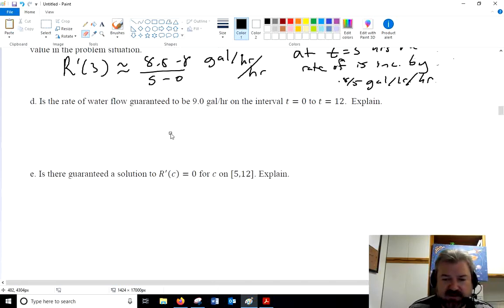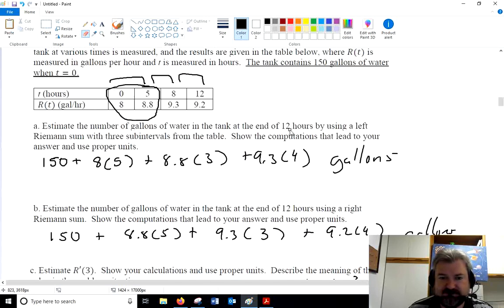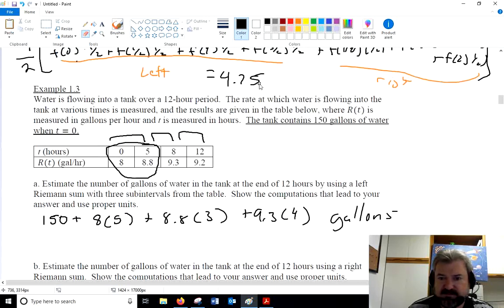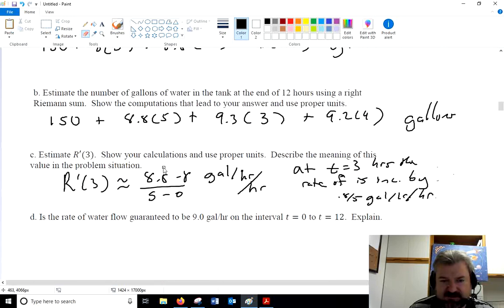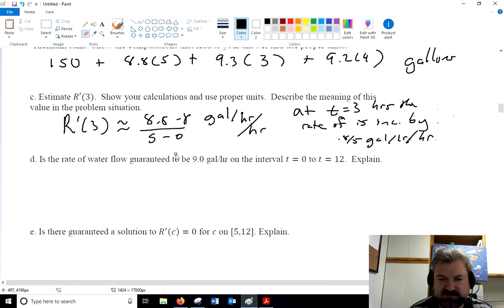Is the rate of flow guaranteed to be 9 gallons per hour on the interval from 0 to 12? From 0 to 12, is it guaranteed to be 9 gallons per hour? Well, I would say yes, because of the intermediate value theorem, but we weren't told that this was continuous. So let's just assume that it is.